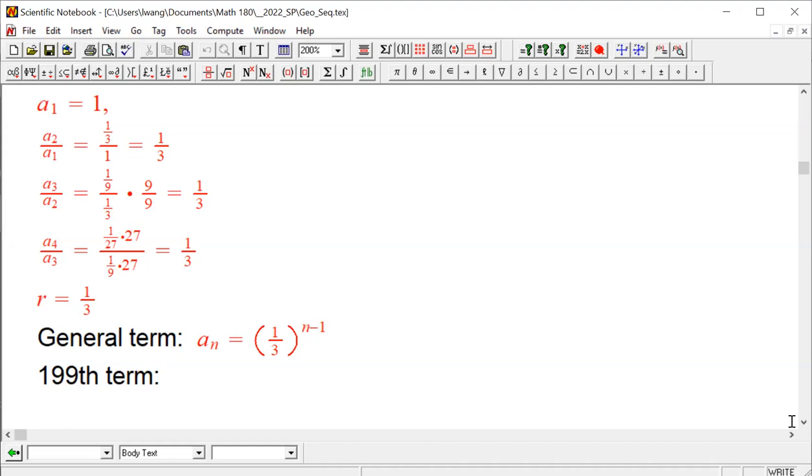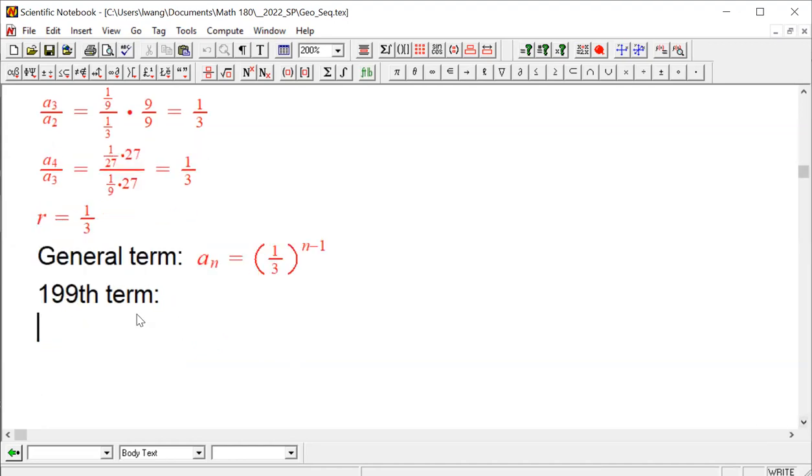Well, all I have to do is replace the index by 199, and we get 1/3 to the power of 198.